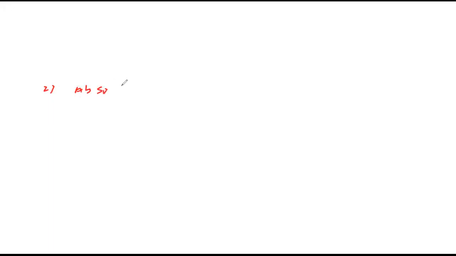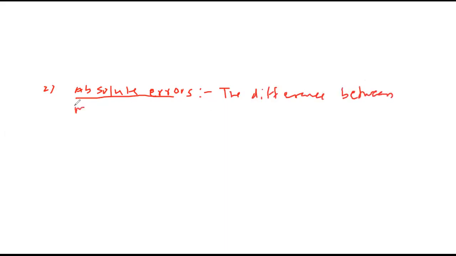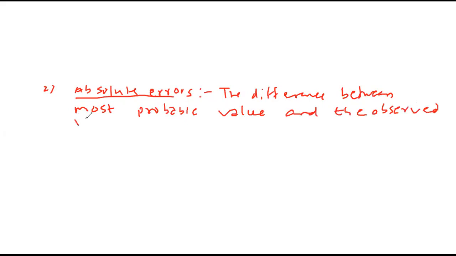Absolute error is nothing but the difference between the most probable value and the observed values.